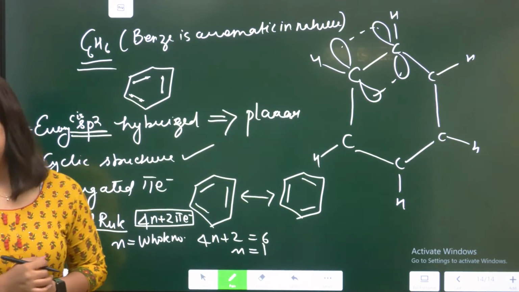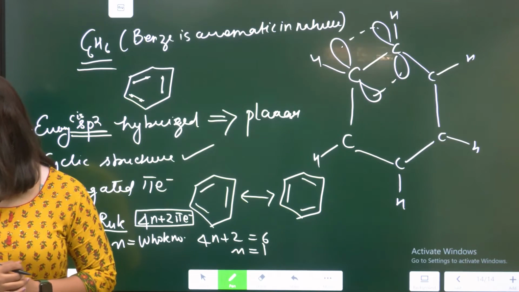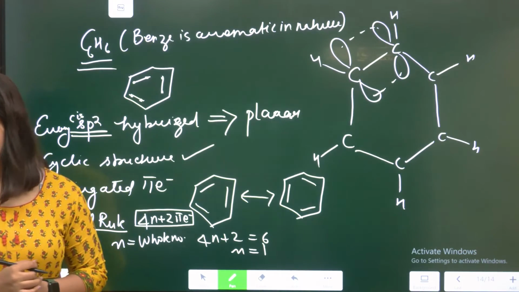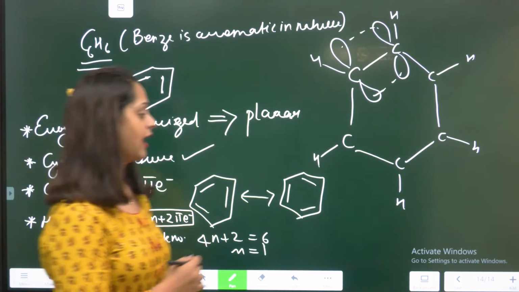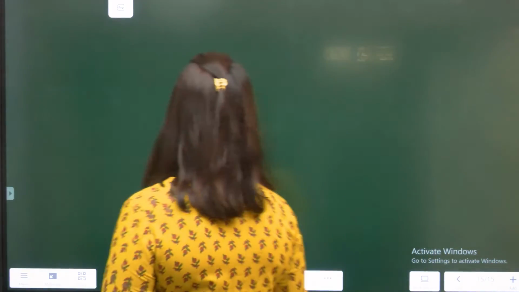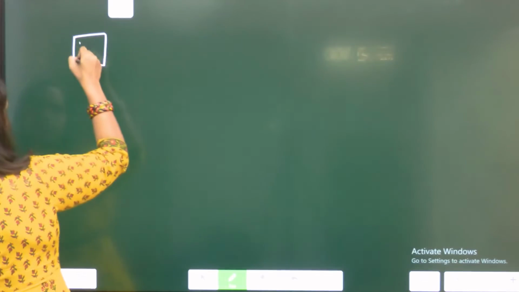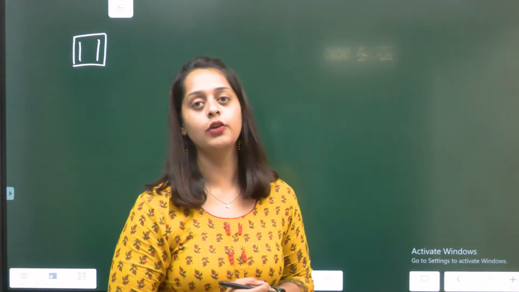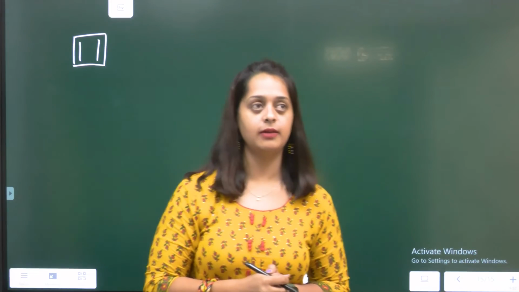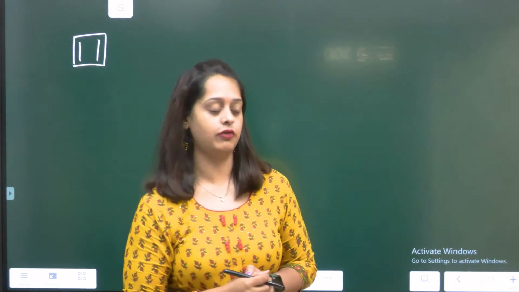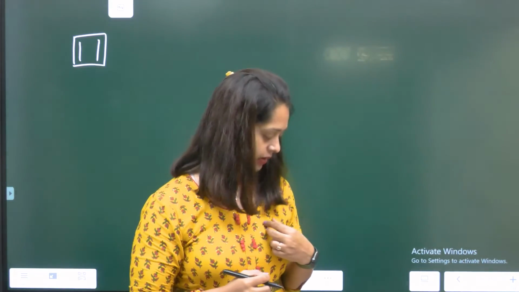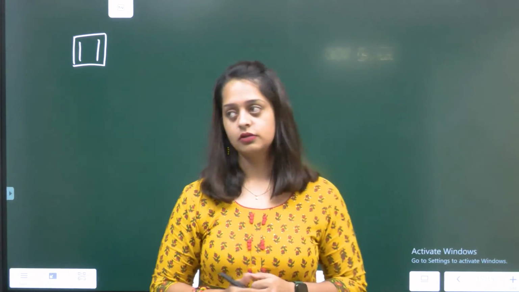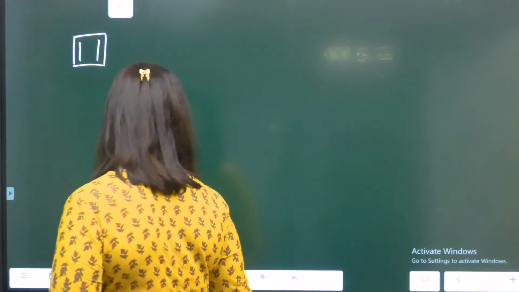Clear? So if I try to see a compound which is not aromatic, let's say I have this. Now will this compound be aromatic or not aromatic? You need to tell me which rule is not followed.